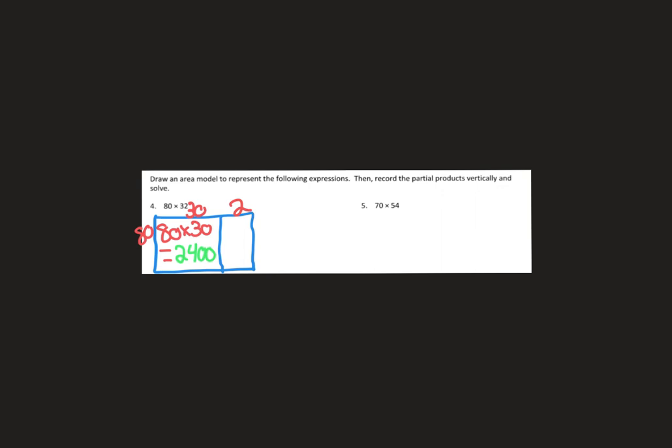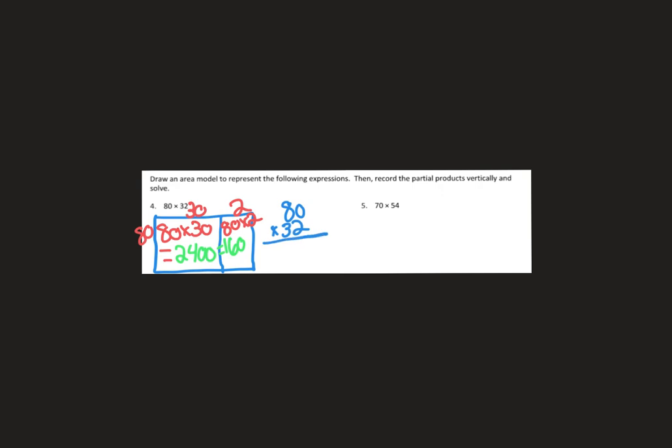And now we have to do 80 times 2, which is 160. So now, writing it vertically, we have 80 times 32.